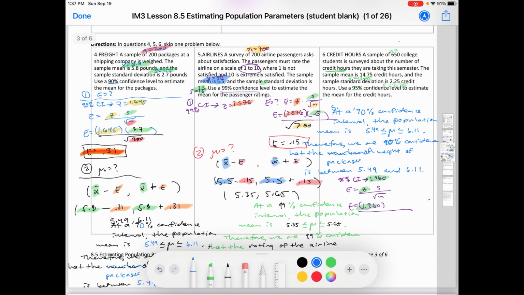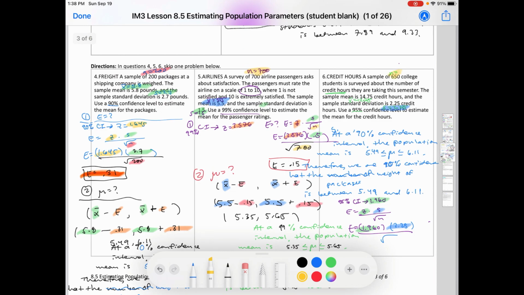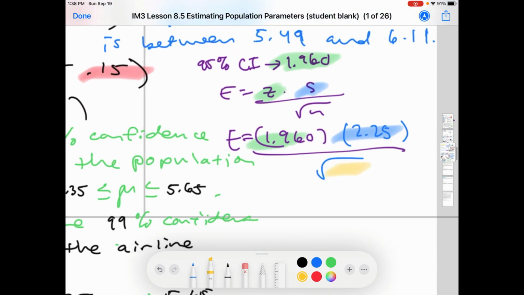What is our standard deviation? 2.25. And then the square root of n, which is a lot of people, 650.